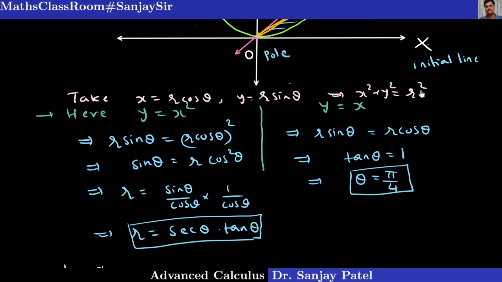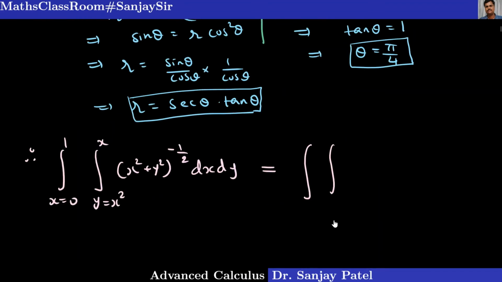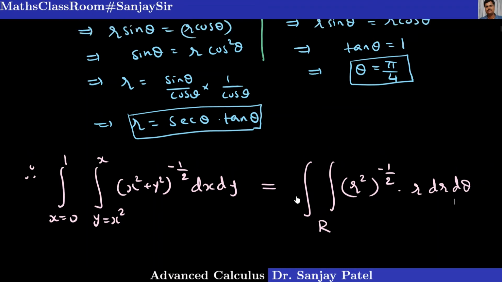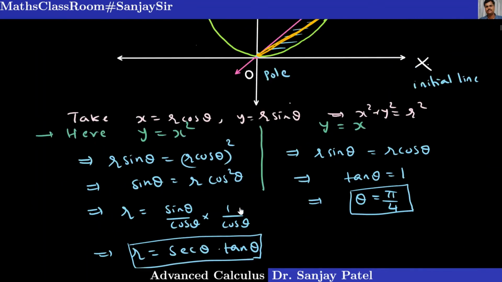So I can substitute x square plus y square is equal to r square in this, and just let me write the same region as it is, r square raised to minus 1 by 2, and dx dy is replaced by r dr d theta by our transformation formula.